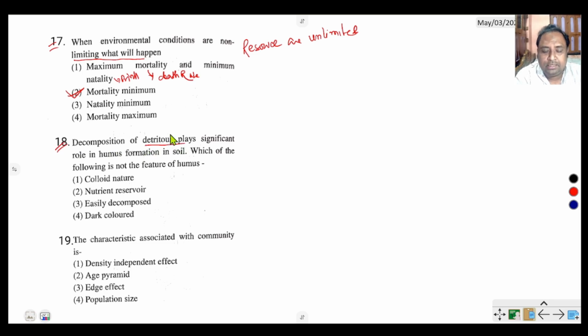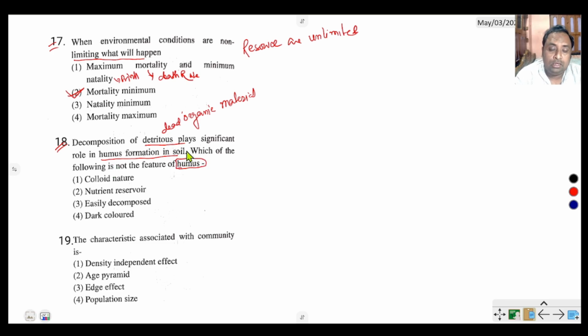Detritus food chain means the food chain starts from dead organic material. The decomposition of detritus plays a significant role in humus formation in the soil. Which of the following is not a feature of humus? Humus means the organic soil.